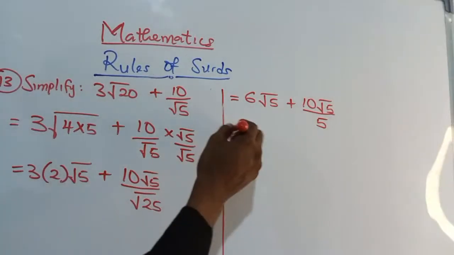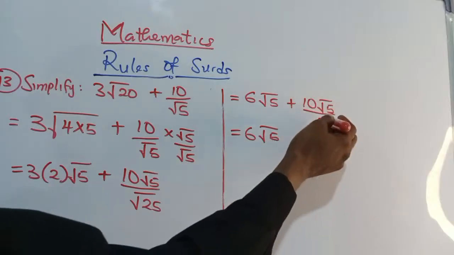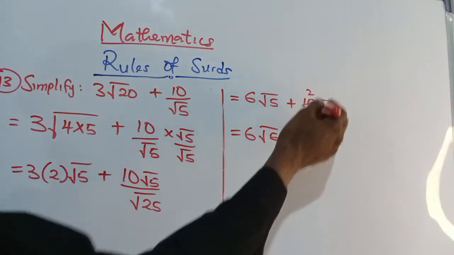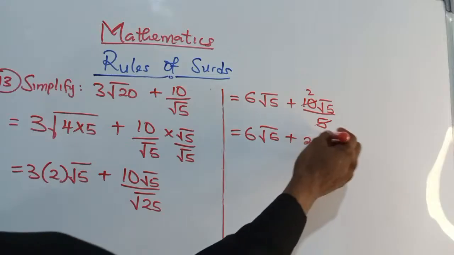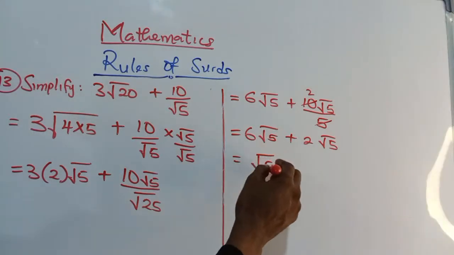So 5 can divide 10: 5 there is 1, 5 there is 2. So we have 6 root 5 plus 2 root 5.